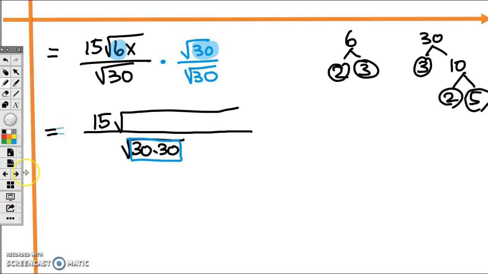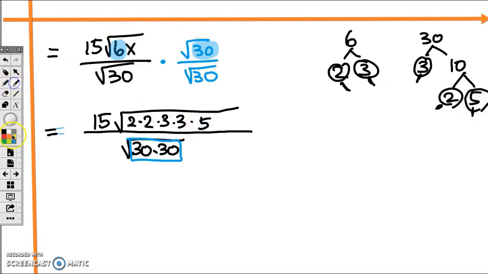So you know what I know? On top, the 6 is 2 and 3, 30 is 2 times 3 times 5. So all these numbers in the circles go together, right? So I'm going to put them all, but I'm going to put the same numbers next to each other. Like this 2 goes with that 2. So 2 times 2, and then this 3 and that 3, times 3 times 3, and then this 5, right?